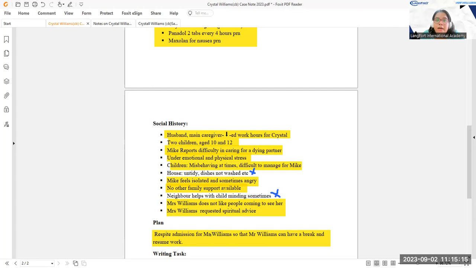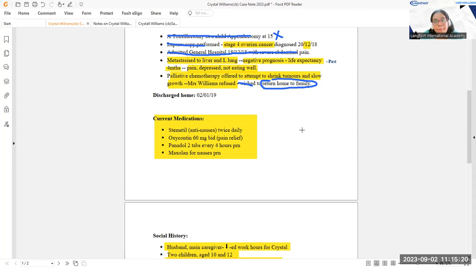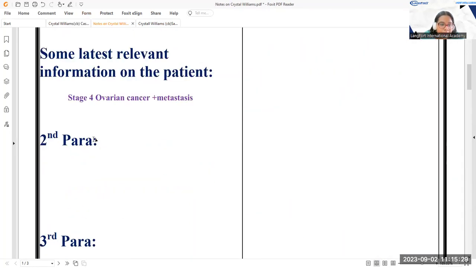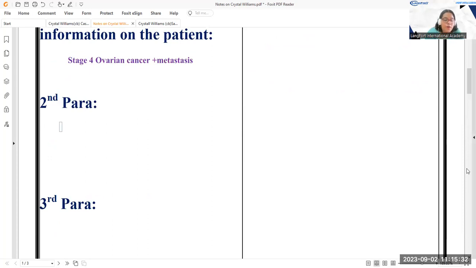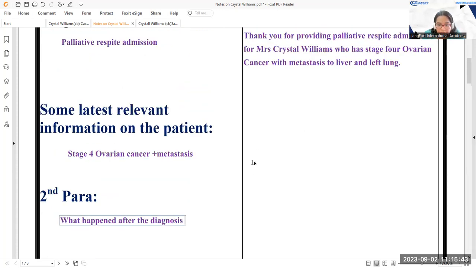Smita, Preeta, Jose, can you unmute yourself and tell me what would make sense? Prognosis, yes. So in the second paragraph, we will mention what happened after the diagnosis. Should I repeat the diagnosis? I don't need to repeat the diagnosis.